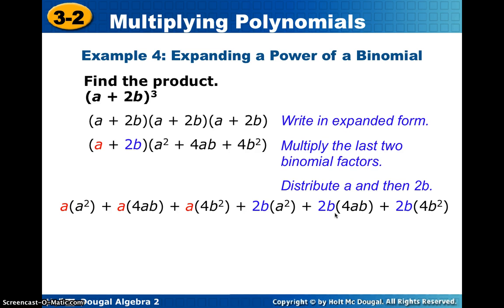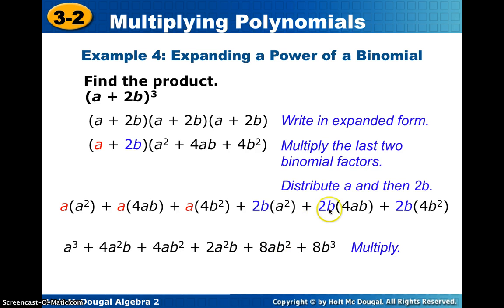Now we need to multiply each of those out, and then we combine like terms. When you look for like terms to combine, it has to have the same a and the same b. So for this term, there are no other terms that have a cubed, so we'll leave that alone. The second term here has 4a squared b, so it has 2 a's and a b.